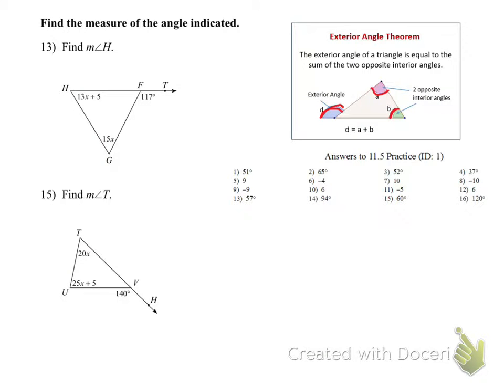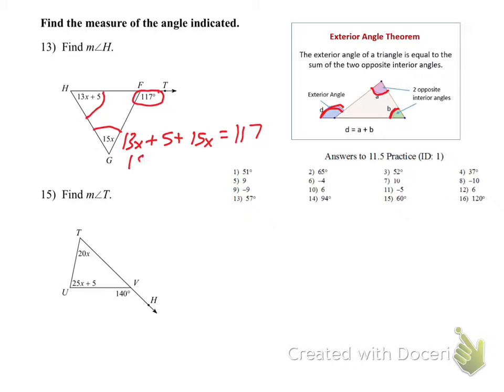All right, we're going to continue with the exterior angle theorem. Here we have two of the far or away angles. If we add those up, that'd be 13x plus 5 plus 15x. That's going to be equal to the exterior angle right here, which is the outside angle of that triangle, so that's going to be equal to 117.